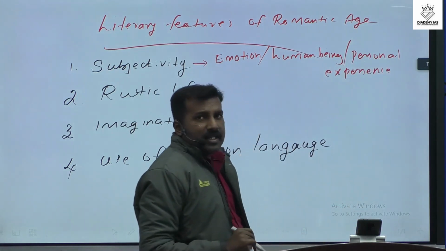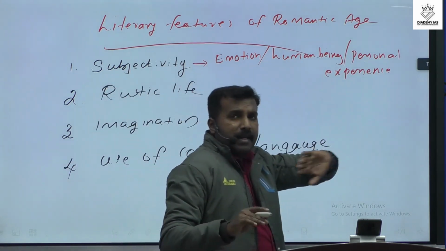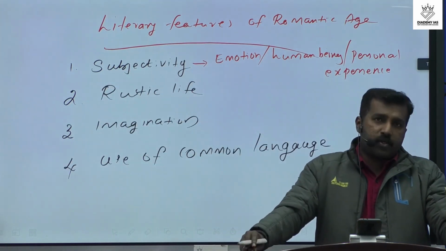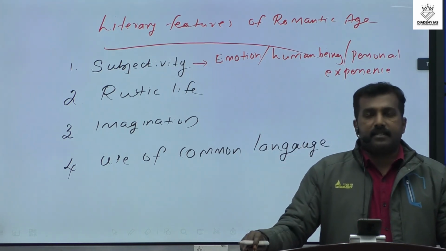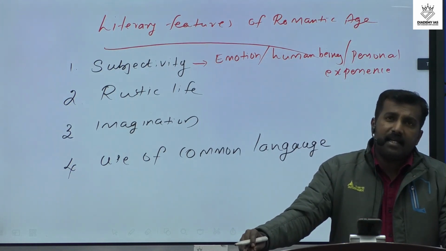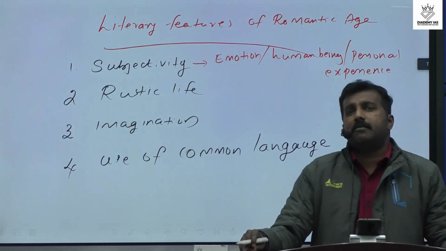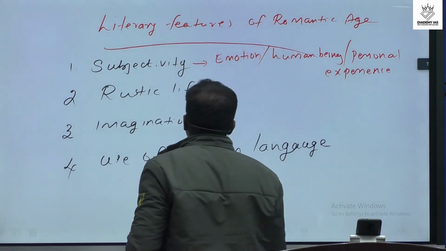Okay, so in the Romantic age, the writers mainly used themes based on emotion, feelings or experiences. So in common, we can say that subjectivity. Mainly all the works are based on subjectivity. And what is rustic life?